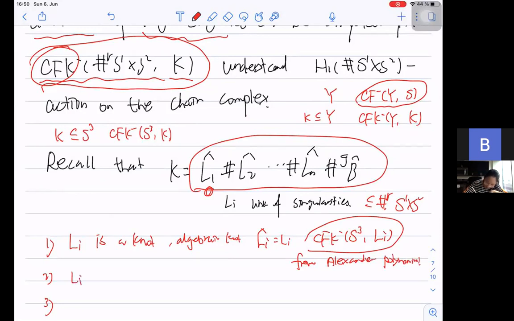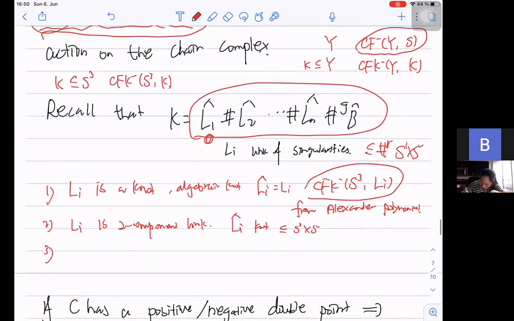But if L_i is, for example, a two-component link, then L_i hat is a knot inside S^1 × S^2. So we want to compute CFK minus of S^1 × S^2 and L_i hat. There's a joint work of Mache and Yin.